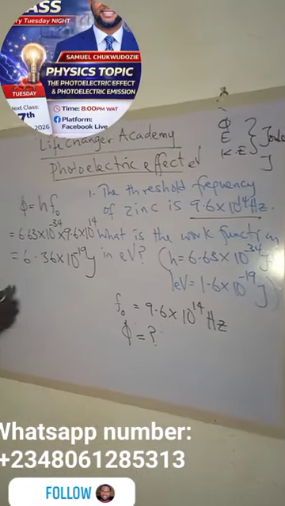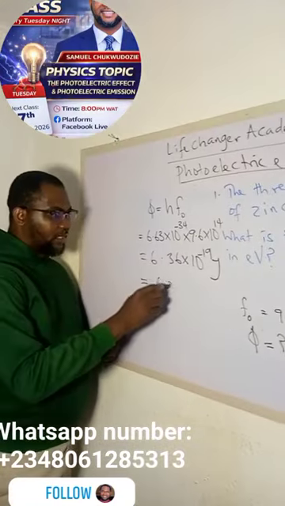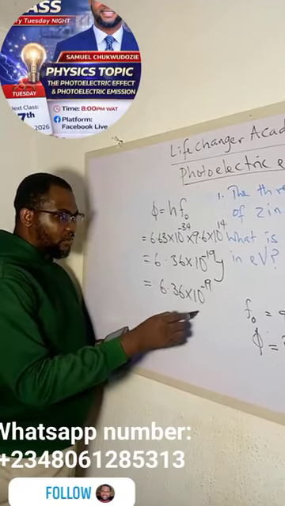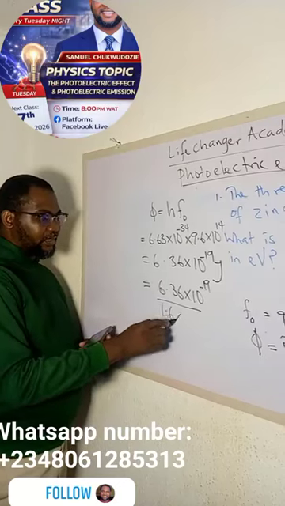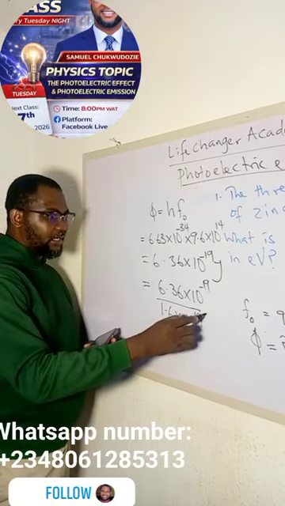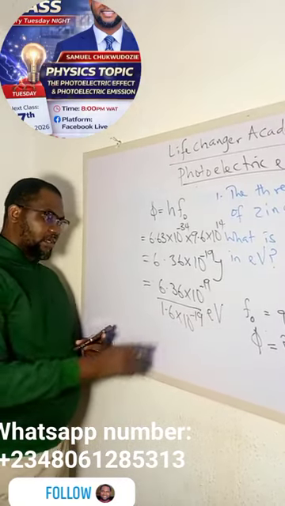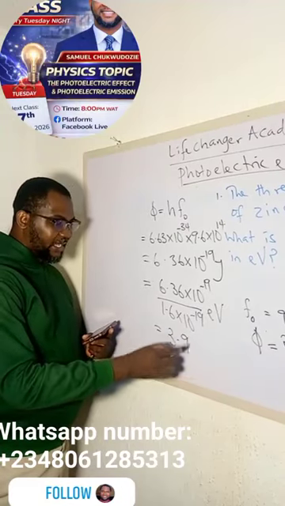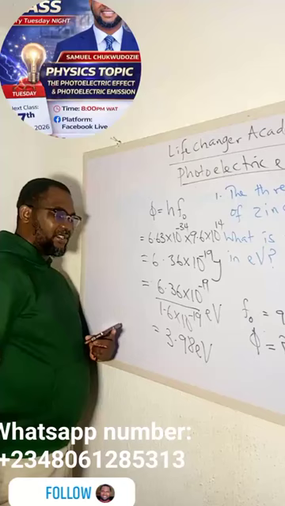So this is equal to 6.63 times 10 to the power minus 19 over 1.6 times 10 to the power minus 19 electron volts, which gives 3.98 electron volts.